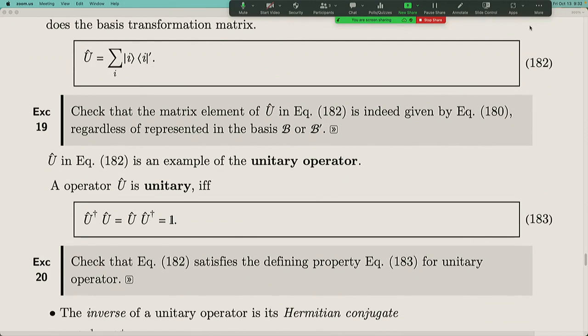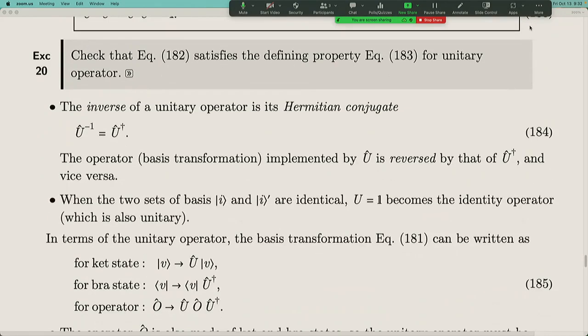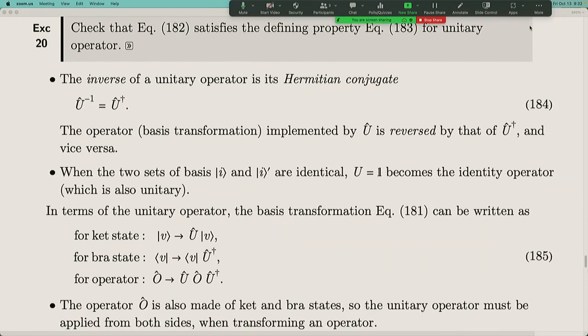That is so reasonable, because if I and I prime are identical, meaning these two coordinate systems coincide, then the coordinate transformation will be a do-nothing transformation, because there's really nothing to do. If the coordinate systems already coincide, you don't need to transform anything. So when the two basis choices are the same, the basis transformation between them becomes the identity operator.